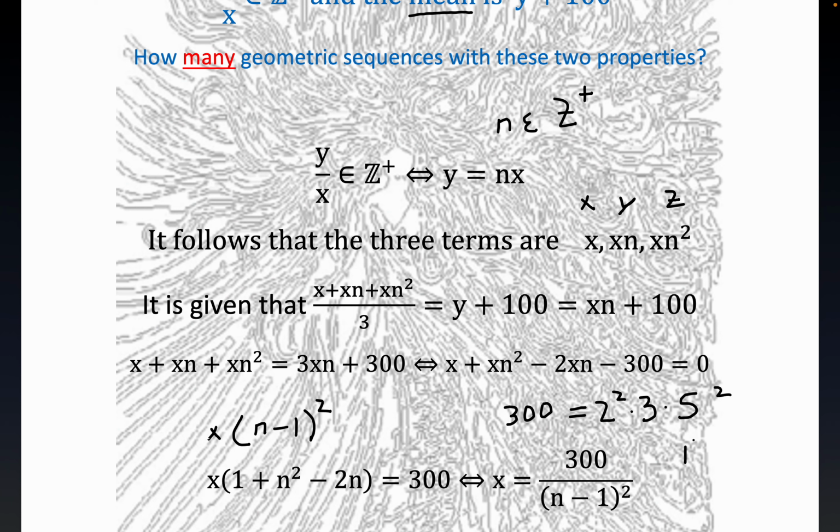So 1 squared. But then you're going to have 2 squared also as a perfect square divisor of 300. 5 squared. And then also, let's not forget 2 times 5, quantity squared.